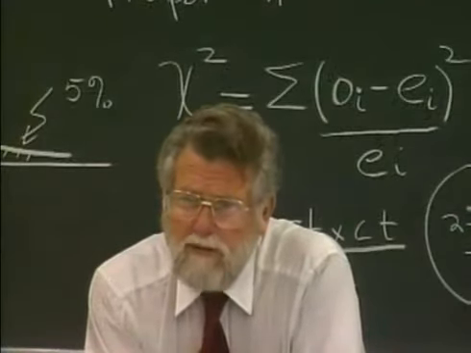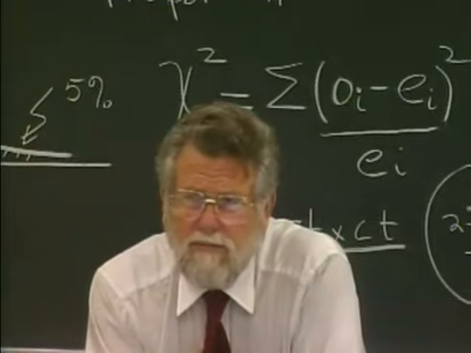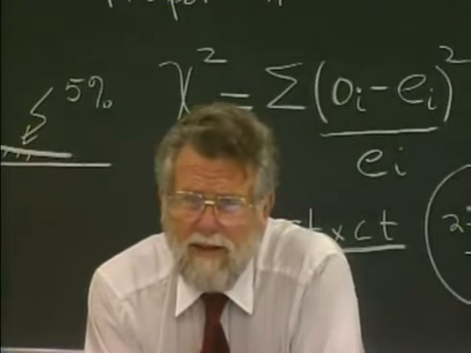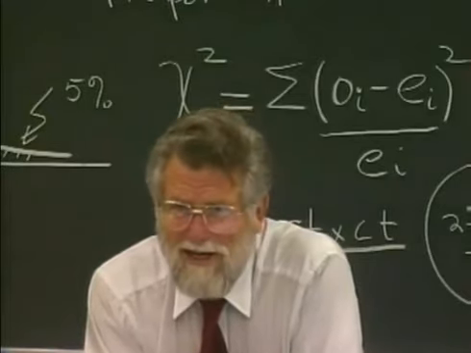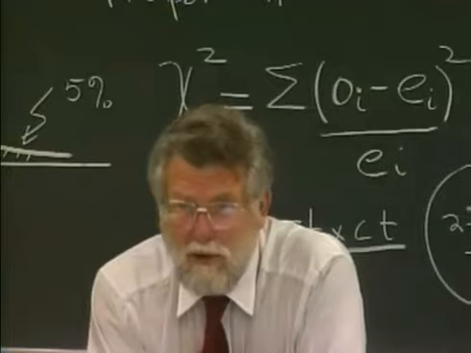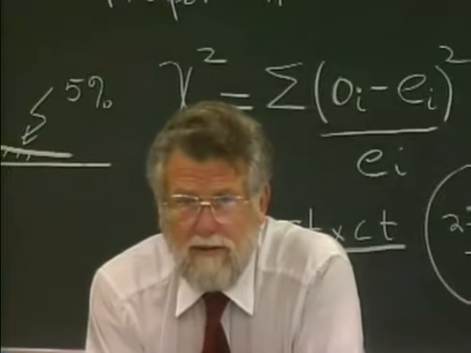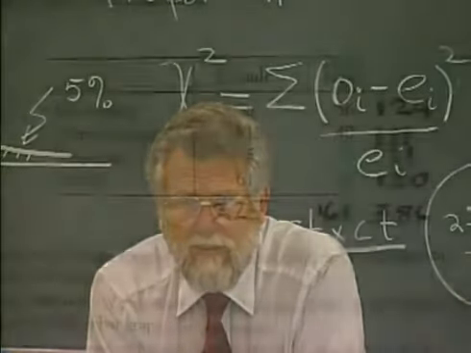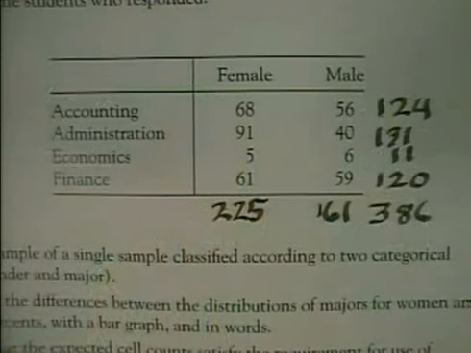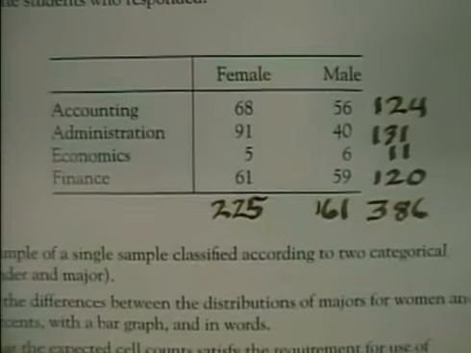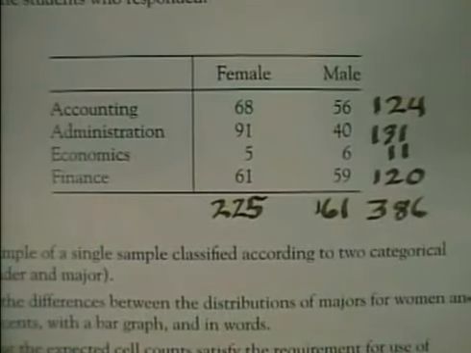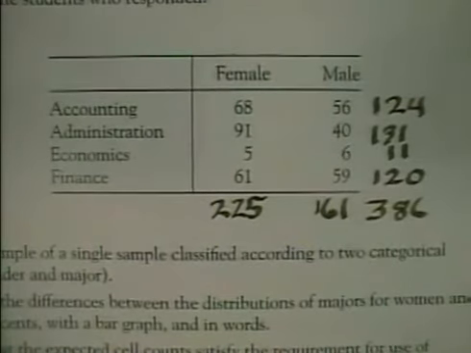How do you find it if you don't want to resort to common sense? My little formula that's on the front board. RT times CT over GT, do it. Let's come back to the data. You have 124 is RT, 225 is CT, 386 is GT. What do you get? I'm waiting.